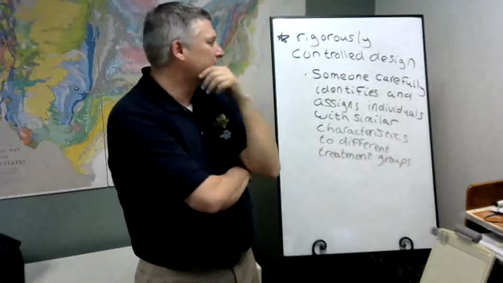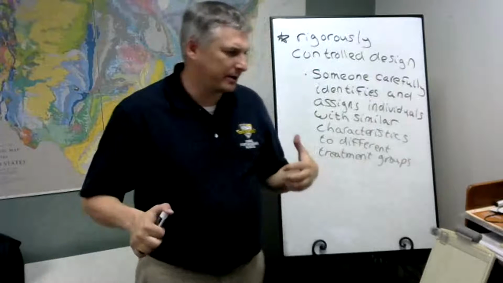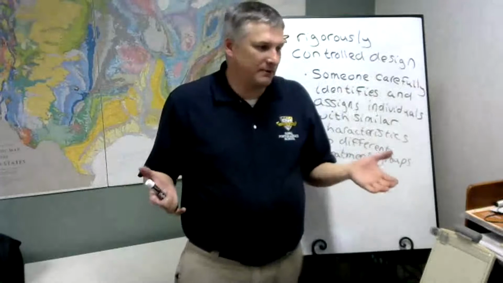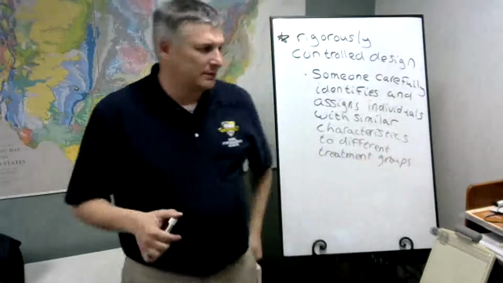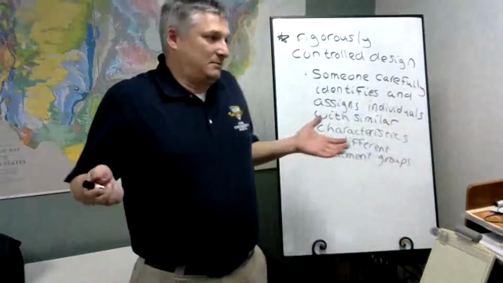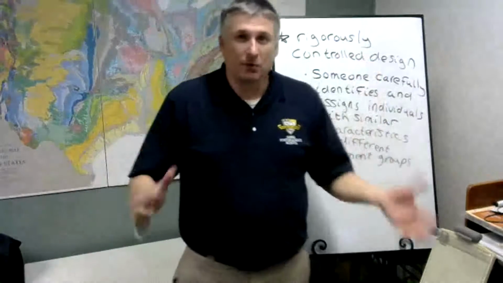So when you construct your sample, somehow you're able to construct a sample where people of these characteristics are in the sample. Now this might be fairly, maybe not too difficult. Let's say you want to test the effect of two drugs on people who have O positive blood. So, all right, we just need people with O positive blood. And so you get a sample of persons with O positive blood.